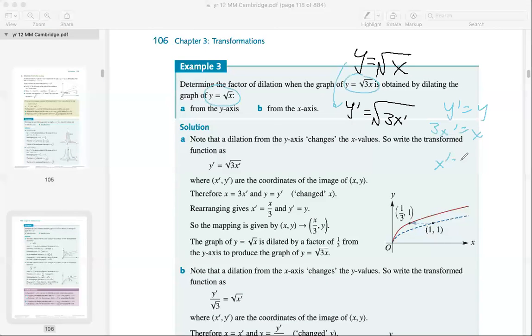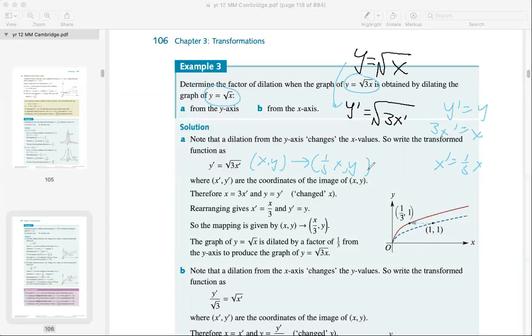So my x' just equals 1/3 of x, which means (x, y) goes to (1/3 x, y). This corresponds to the first one, from the y-axis.